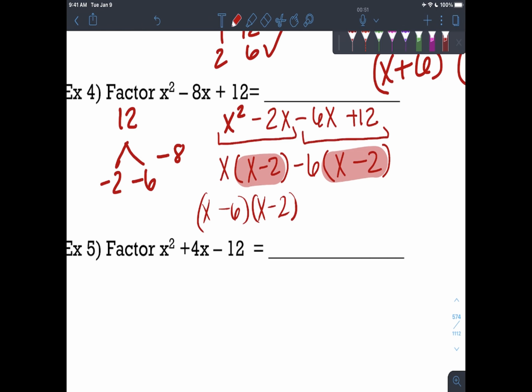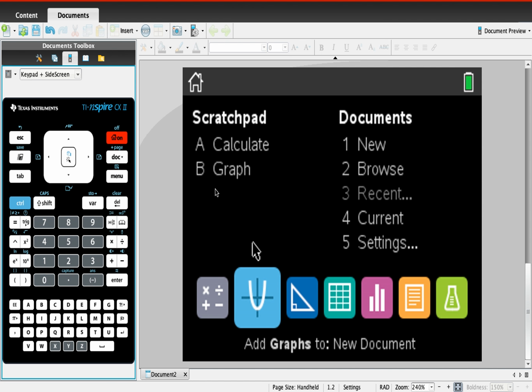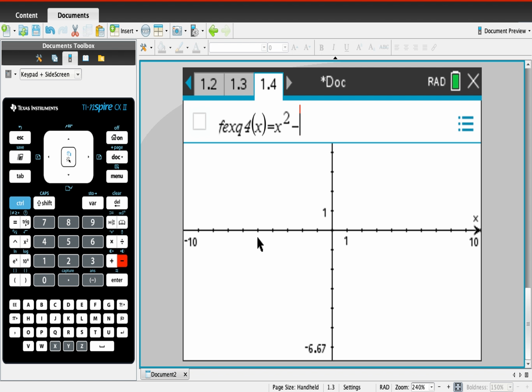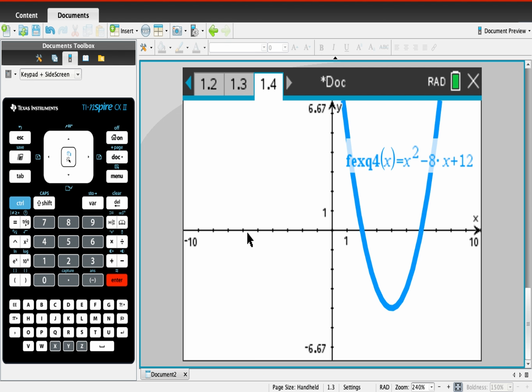I'm just going to verify this in my calculator. All right, so I'm going to go ahead and type that in just to make sure that that is the same. Okay, so there's my original one.